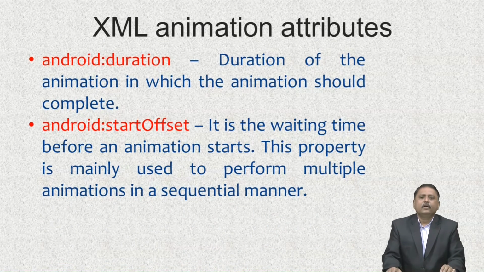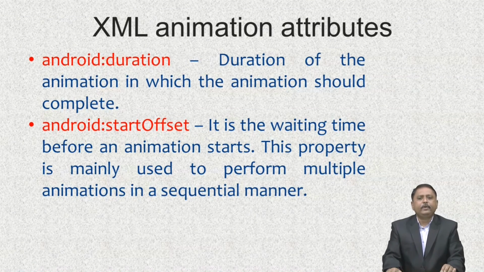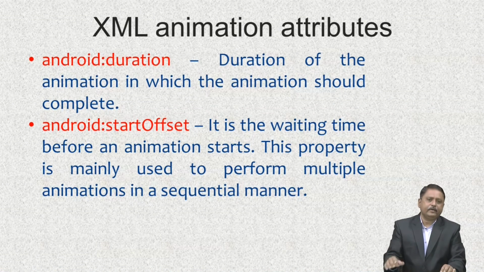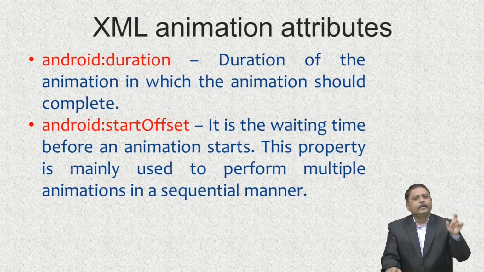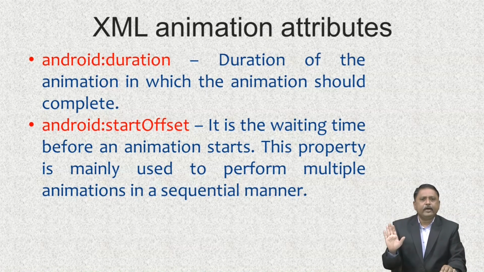Then, there is android:startOffset. It is the waiting time before an animation starts, and this property is mainly used to perform multiple animations in a sequential manner.